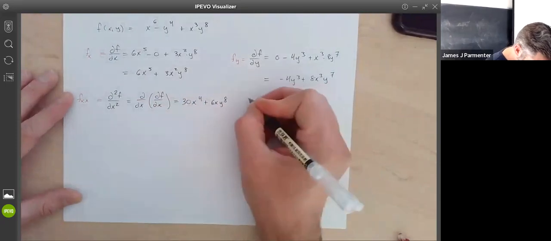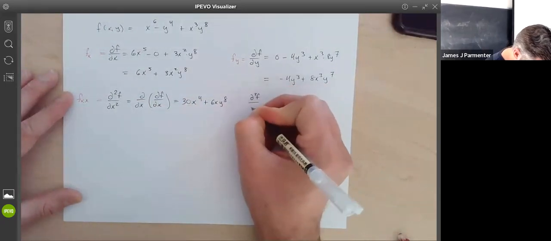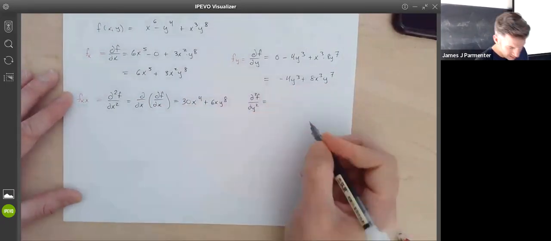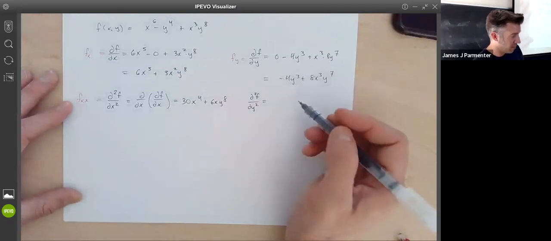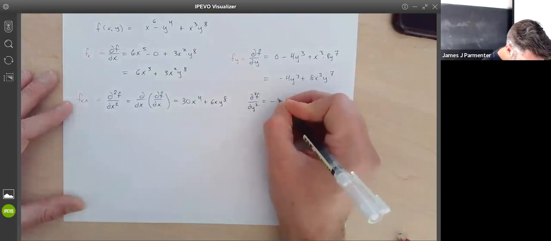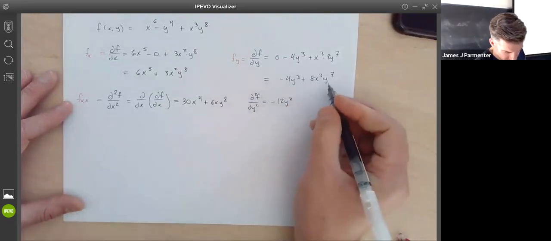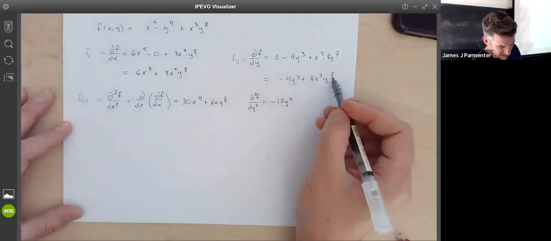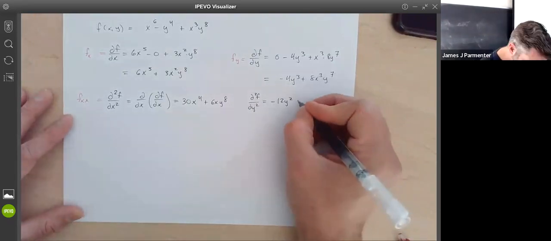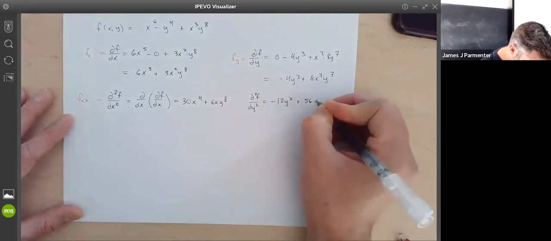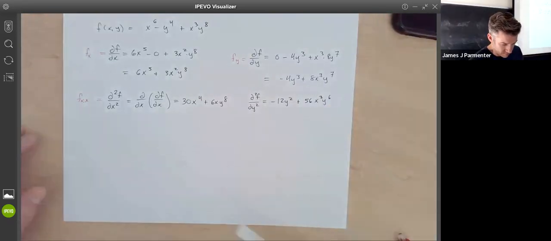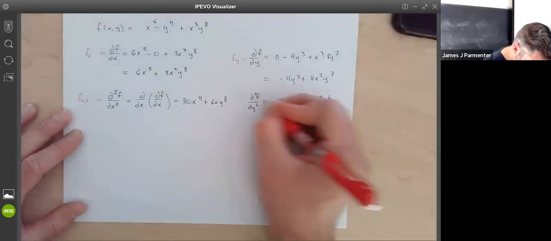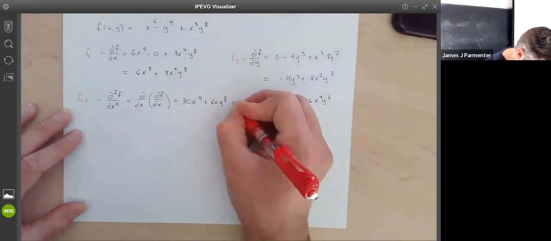And del squared f del y squared, I'm taking the partial of this first derivative with respect to y again. So I'm going to get a negative 12y squared. And then 7 times 8 is 56, so a plus 56 x cubed y to the 6th. And we could call this fyy.